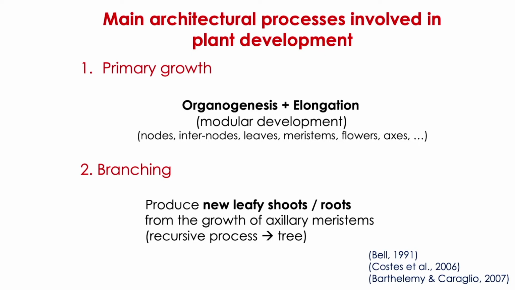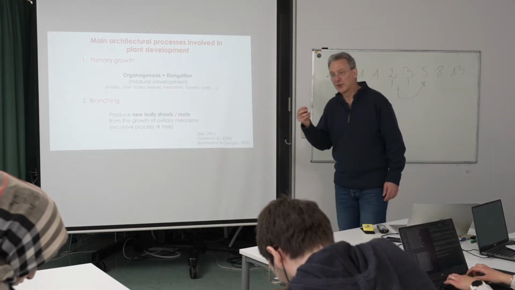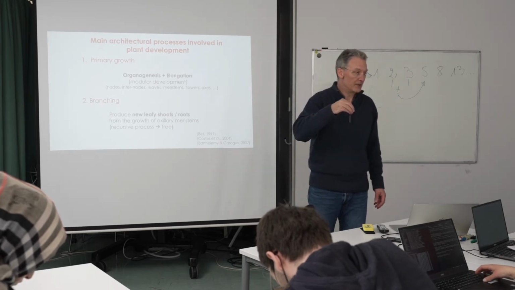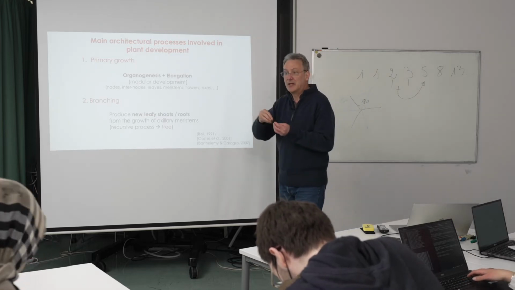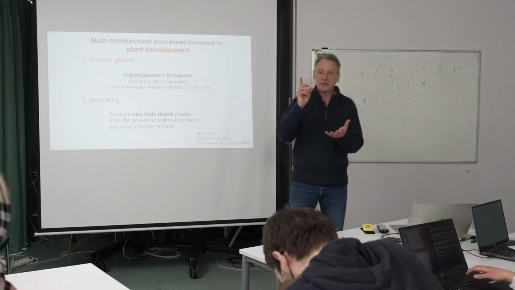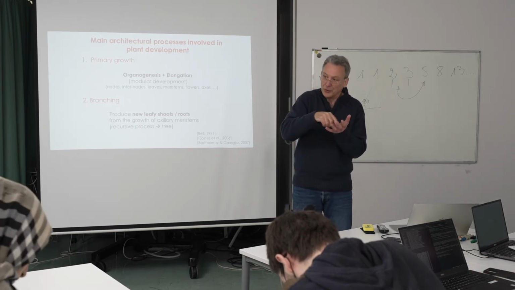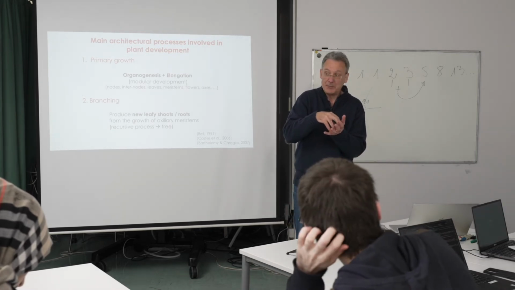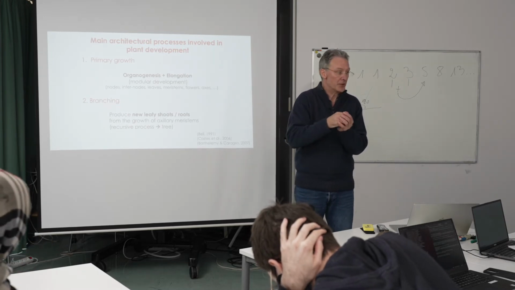So the primary growth basically refers to two sub-processes. First, the process that is called organogenesis, by which the meristem is producing lateral organs. And the second is the elongation, because as you remember, in the spiral phyllotaxis, all the organs are produced in a very tiny place at the tip of the plant. And when they are produced, usually they are very close to each other.